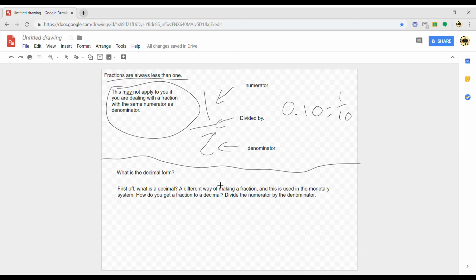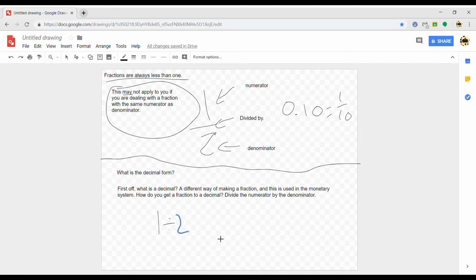And then how do you get a fraction to a decimal, which is where decimal form comes in? You divide the numerator by the denominator. And speaking with 1/2, you divide 1 by 2. Because if you look at this, this is the numerator. This line means divided by, and this 2 is the denominator.